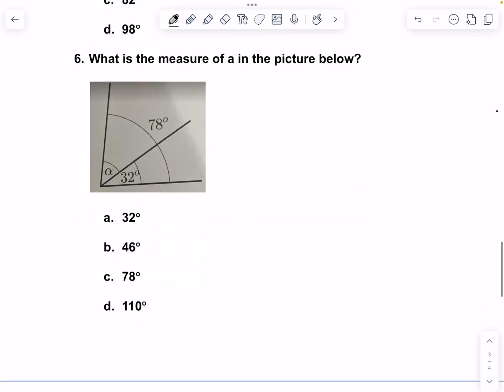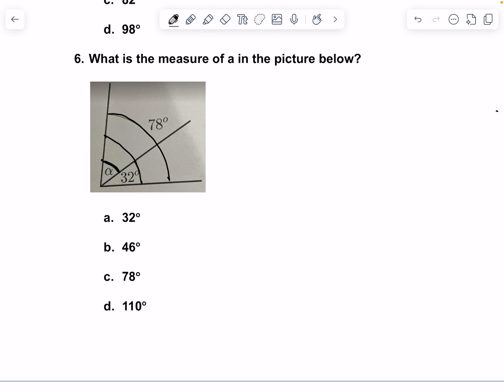Number 6 says, what is the measure of A in the picture below? We know that this whole thing is 78 degrees. We know part of this is 32 degrees. So we're trying to find what this is.